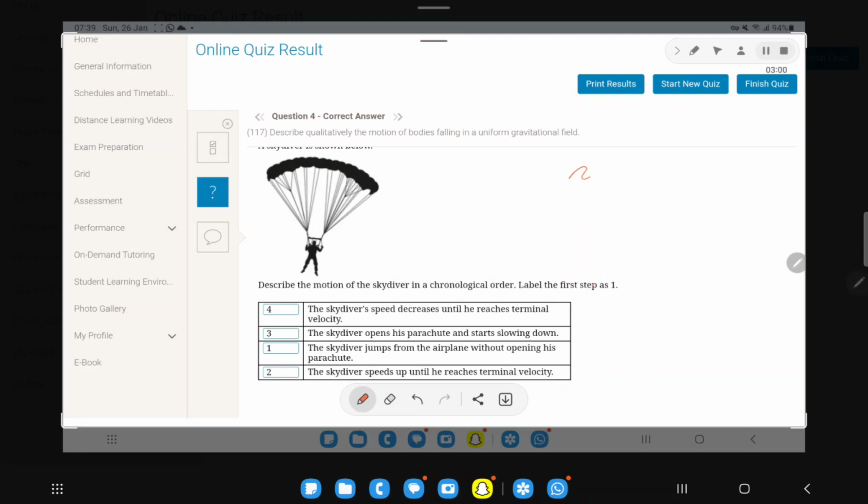So 1, the skydiver jumps from the airplane without opening his parachute. 2, the skydiver speeds up until he reaches terminal velocity. 3, the skydiver opens his parachute and starts slowing down. And 4, the skydiver's speed decreases until he reaches terminal velocity.